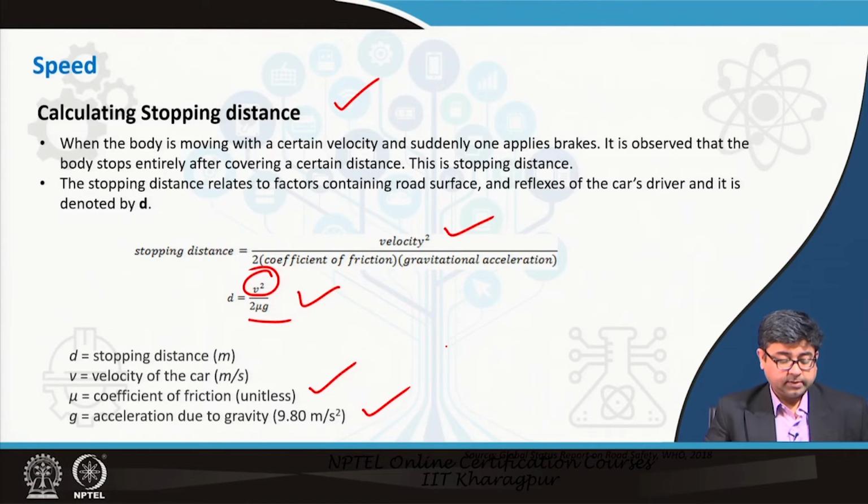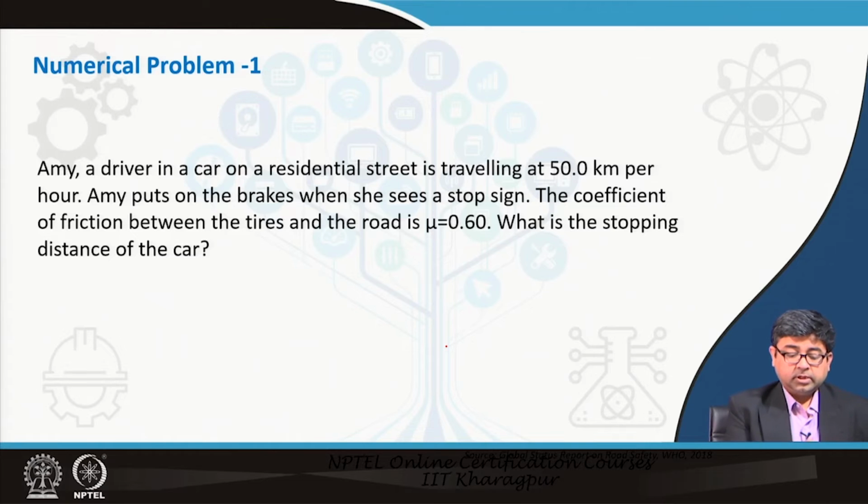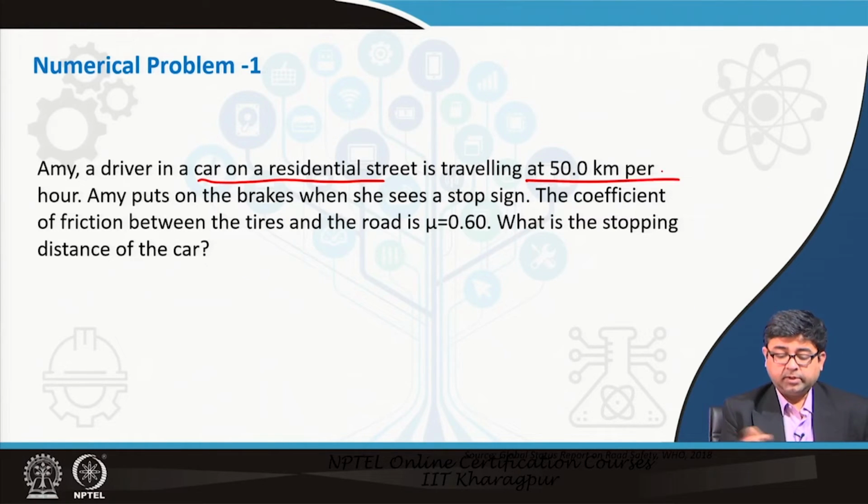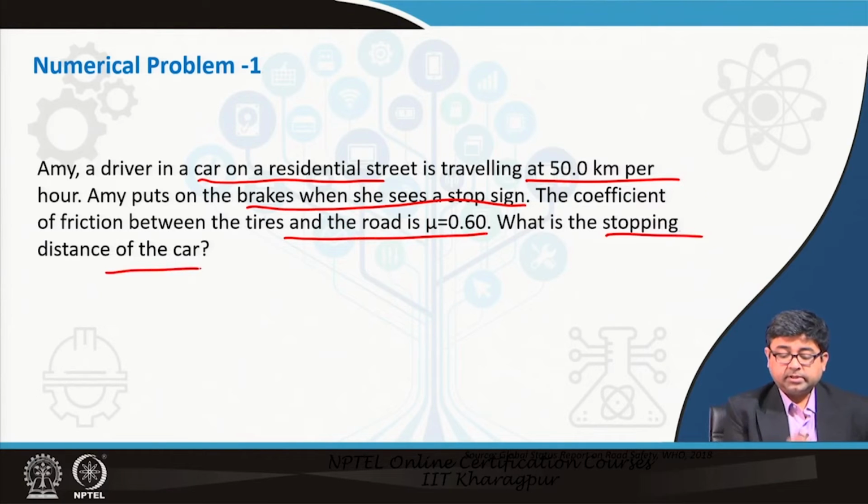due to gravity. So, if Amy, a driver in a car on a residential street, is traveling at 50 kilometers per hour and she puts on the brake when she sees a stop sign, and the coefficient of friction between the tires and road is 0.6, what is the stopping distance of the car? So, she sees a stop sign where, say for example, a pedestrian is waiting to cross.